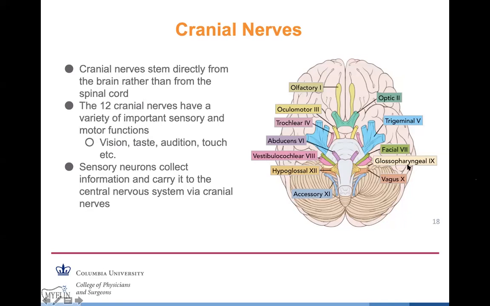The 9th cranial nerve, the glossopharyngeal nerve, is important for swallowing and the muscles at the back of our mouths and our palates. The vagus nerve is also a very important component of swallowing, and it has a branch that, when involved, can affect the hoarseness of our voice, so it's involved in our voice box as well.